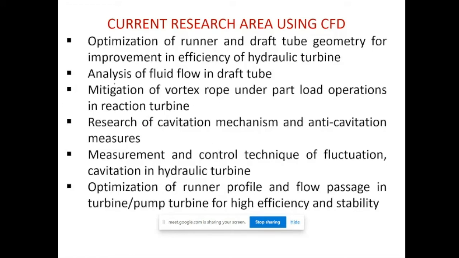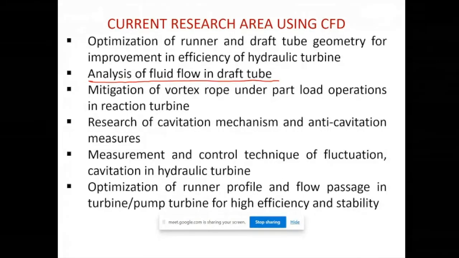Analysis of the fluid flow in the draft tube is very challenging, and a lot of researchers are working in this area, because the draft tube is a component where the flow is very transient.